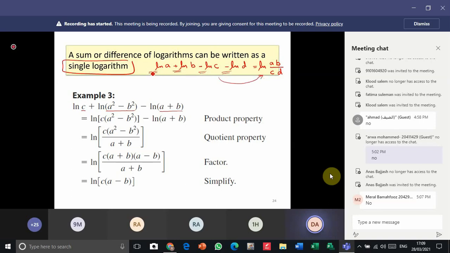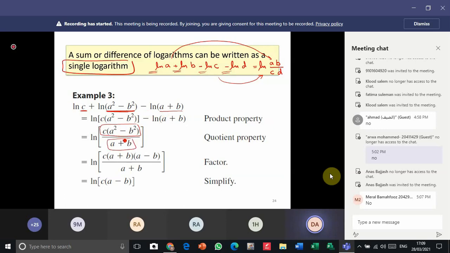Because this is positive, this is in the numerator. Plus ln, so inside the ln in the numerator, multiply together. Minus ln, this is in the denominator. So C multiplied by a squared minus b squared, like this. This is in the numerator, minus a plus b, so this is in the denominator.